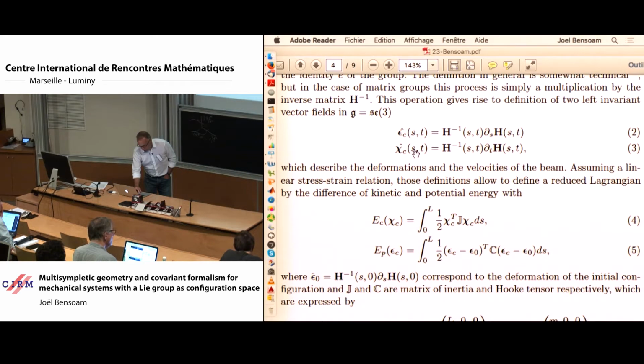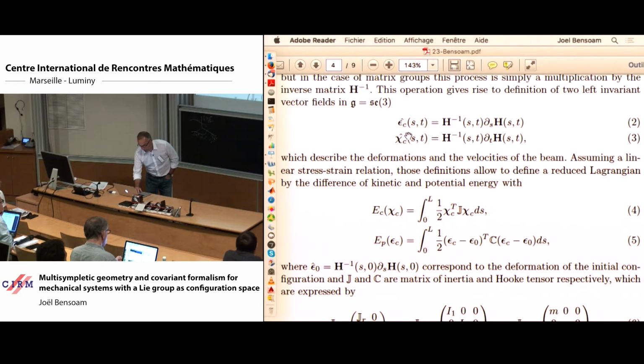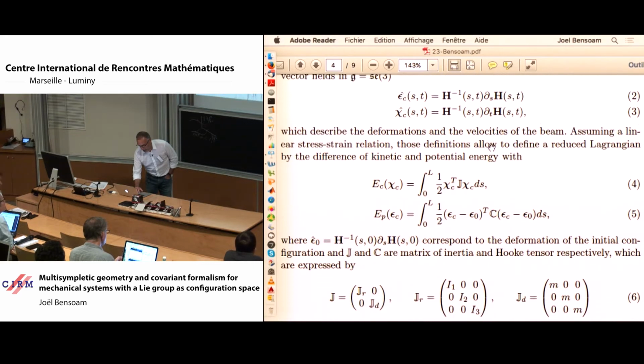So we have two velocities. In fact, deformations correspond to the derivative according to space, and you have velocity because now you have a derivative according to time.